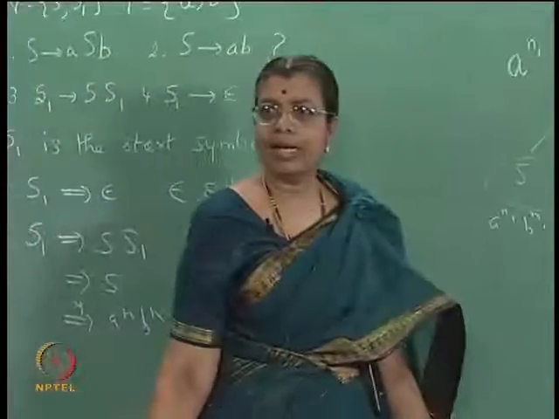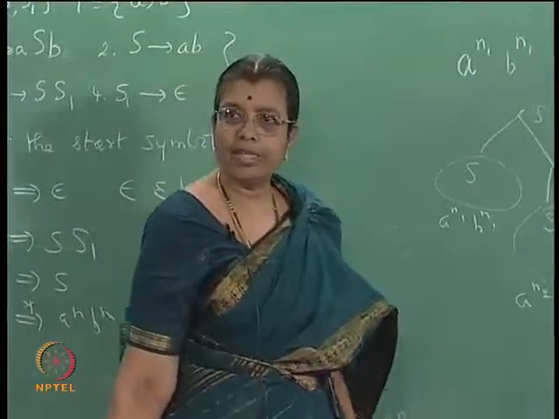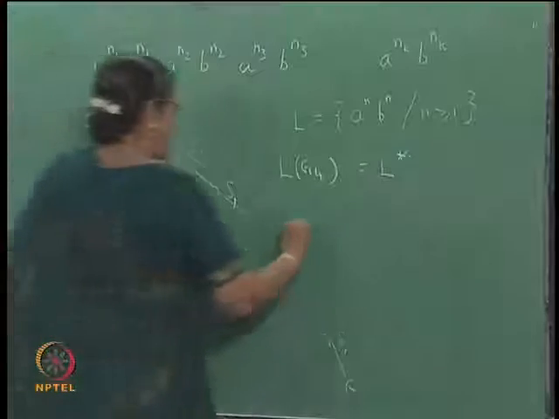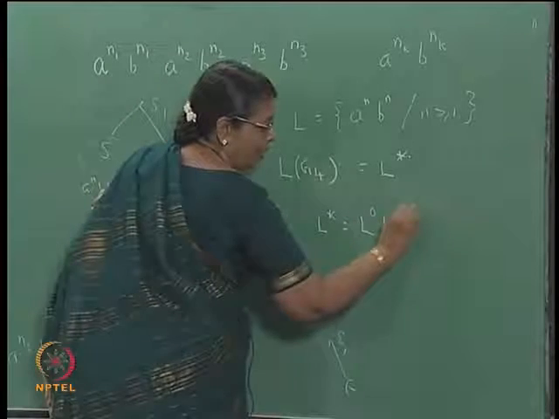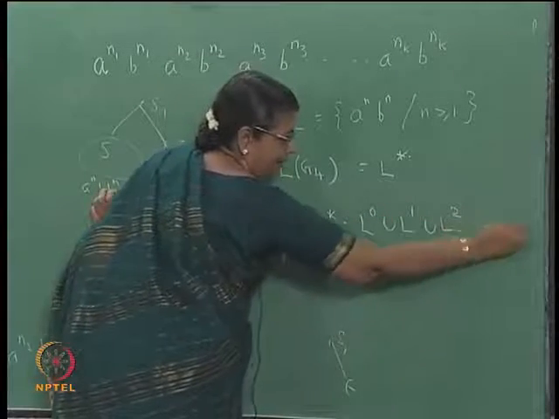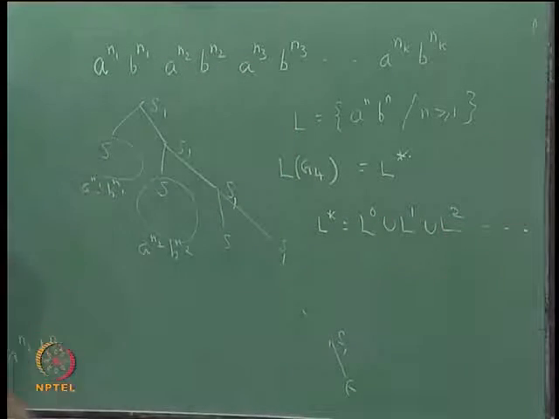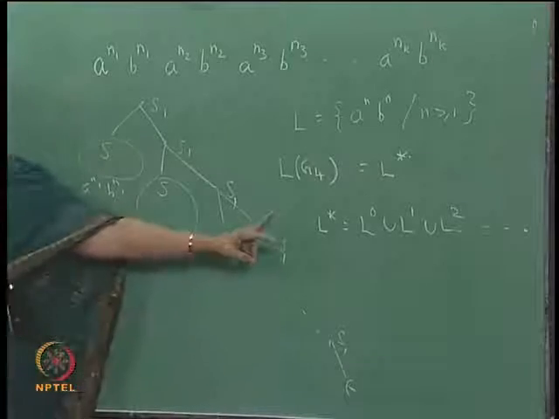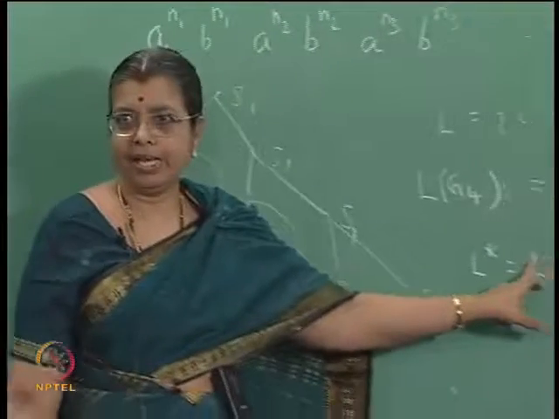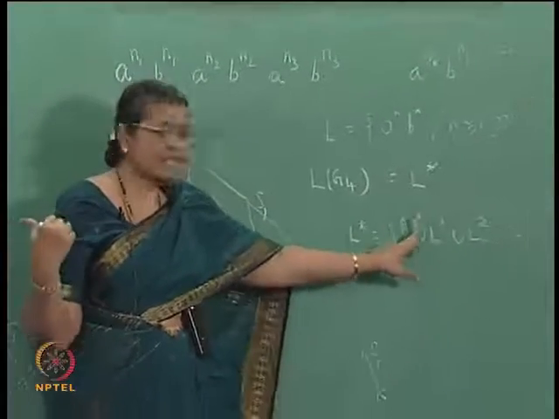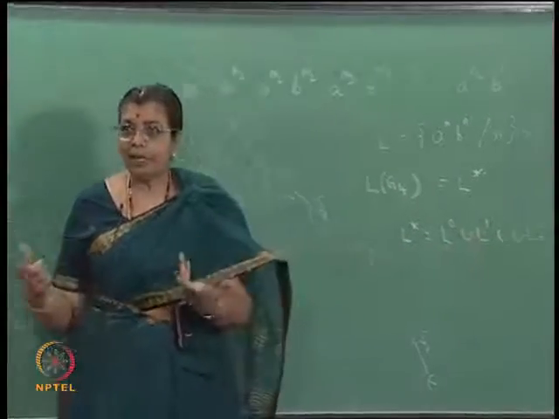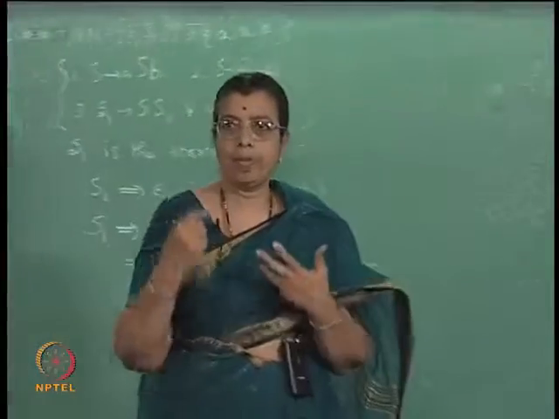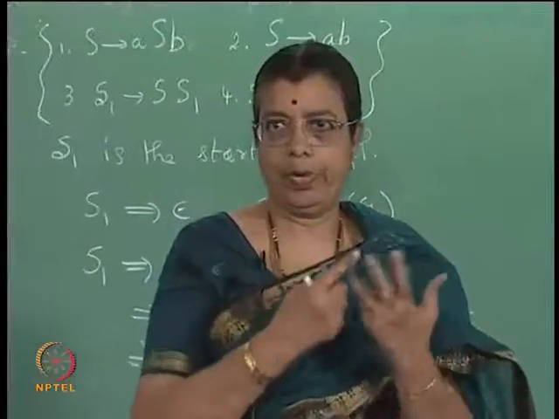What is L star? By our definition, L star will be L0 union L1 union L2 etc. Right? What is L0? L0 is just epsilon. Epsilon can be generated. L1 is just L itself, A power n, B power n. L2 will have strings of the form A power n1, B power n1, A power n2, B power n2.